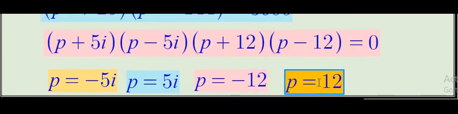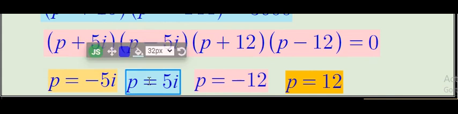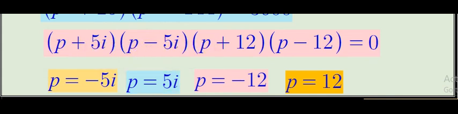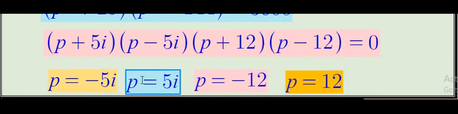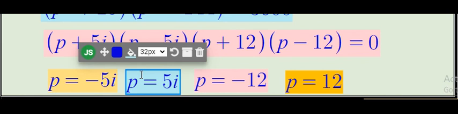So these are the true values for p. The negative 5i and the 5i do not work for p because p is the real component. q is the complex component. But once we have these for our reals, that means that these are the complex. So we've got all our factors right here.